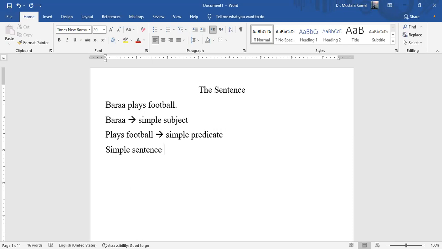Very good. It's so simple, right? Why is it a simple sentence? Because it has a simple subject and a simple predicate. We took this lesson 2 times, one time in grade 4 and also in the beginning of grade 5. Great. So look at the following example.